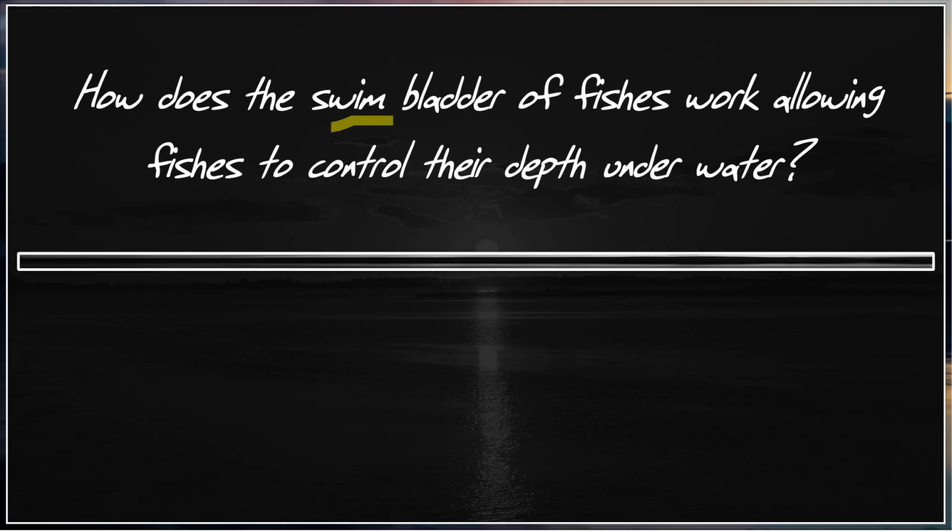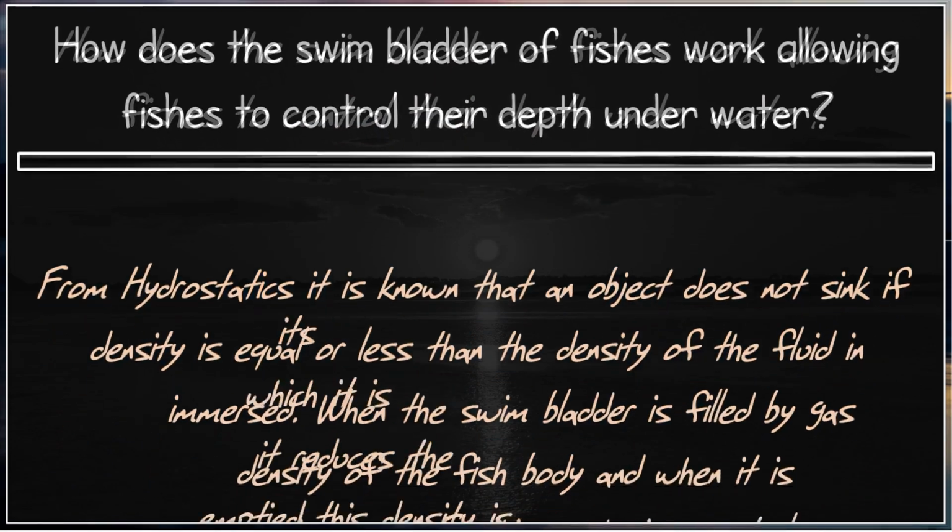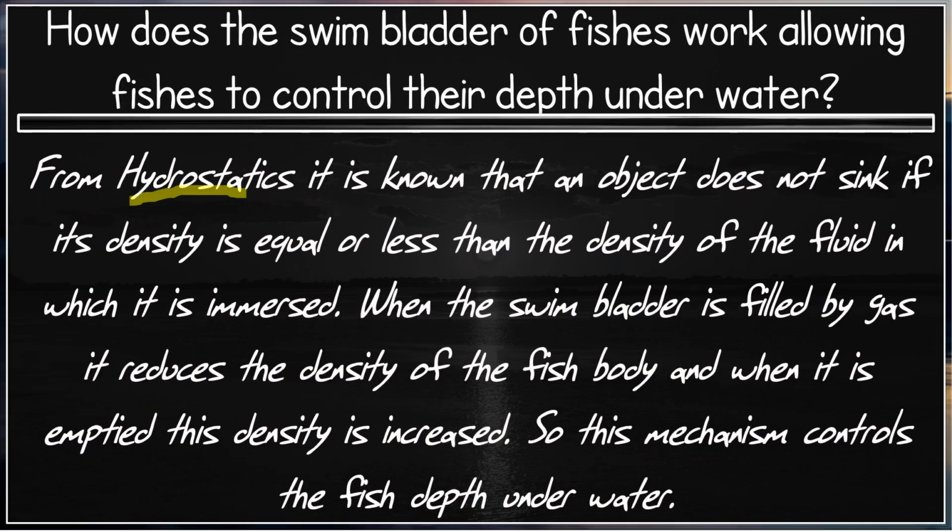How does the swim bladder in fishes work? Allowing the fish to control their depth under water. From hydrostatics, it is known that an object does not sink if its density is equal or less than the density of the fluid in which it is immersed.